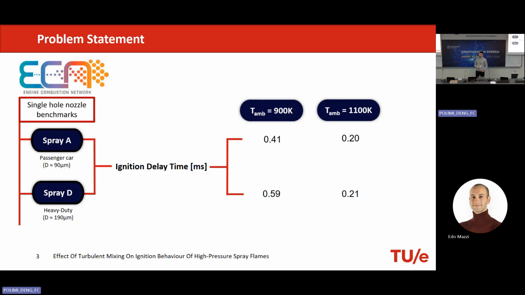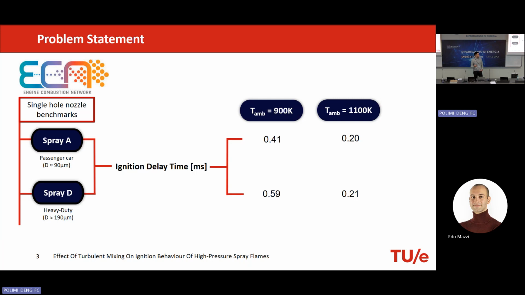I do believe everyone is familiar with the Engine Combustion Network. For those who are not, it is a consortium of researchers who are trying to create a wide database of spray experiments in order to give us CFD researchers material to validate our models.